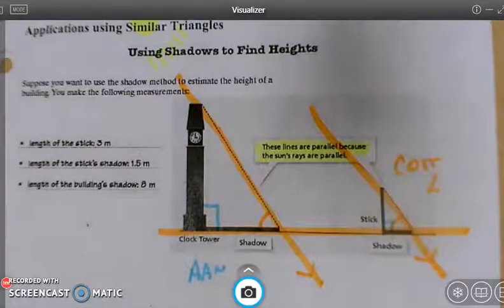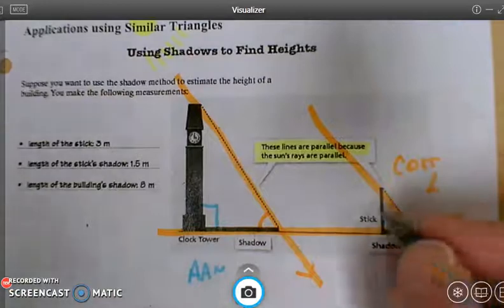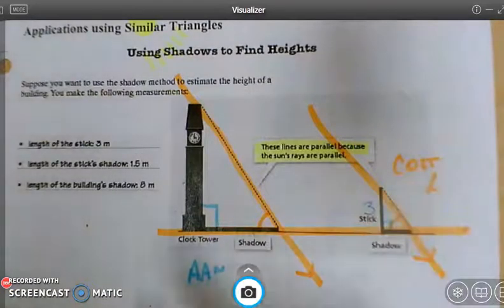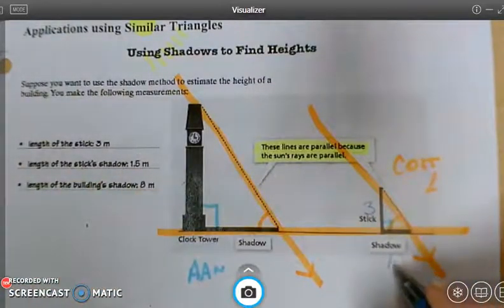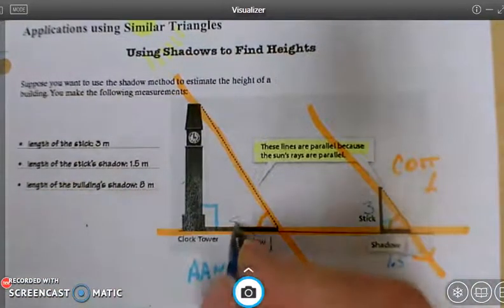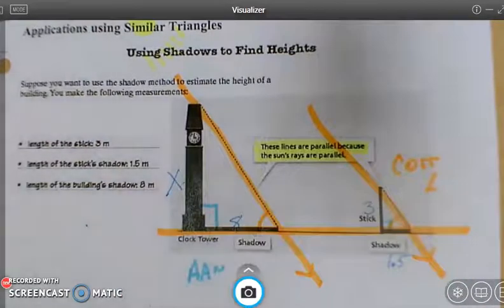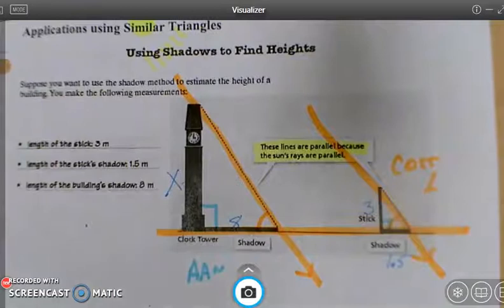And now it just becomes a matching game, and you want to match up corresponding parts. So it tells me in the directions that the length of the stick is a 3, and that the length of the stick's shadow is 1.5. Further, it tells me the length of the building shadow is an 8. And of course, I'm left to figure out the height of the building, or the clock tower in this situation.